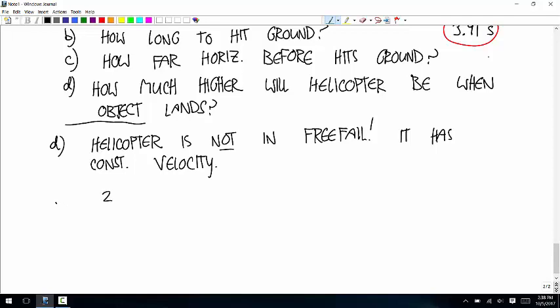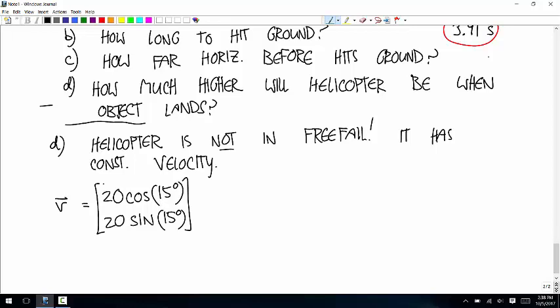So the velocity is 20 meters per second times the cosine and sine of 15 degrees. Do you have those values in front of you? 5.176?